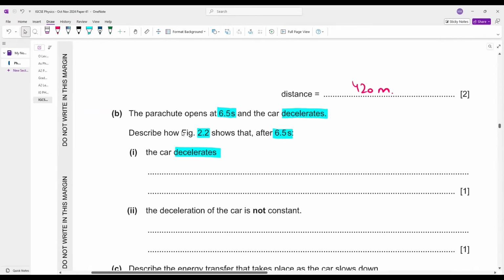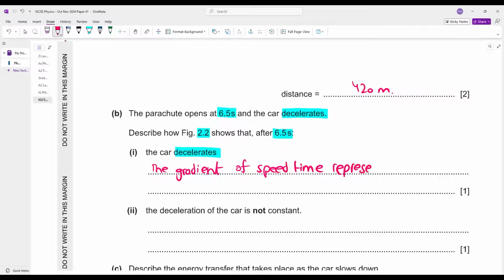So you can say the gradient of the speed time graph represents acceleration, since gradient.